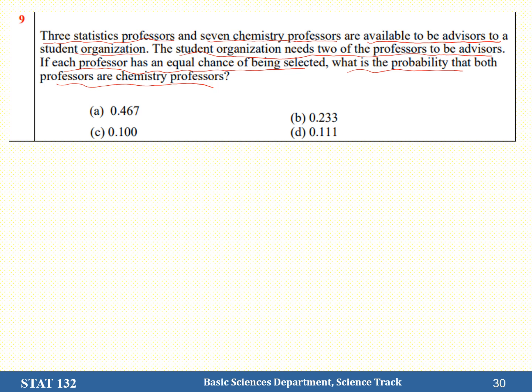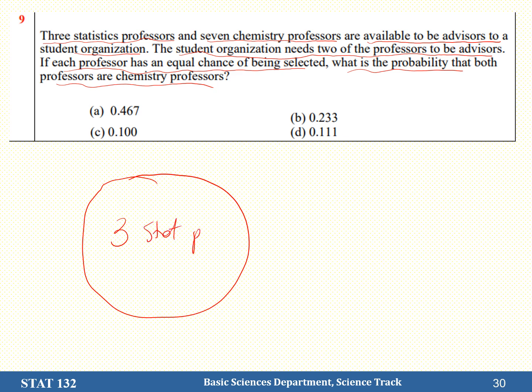So if you remember the hypergeometric distribution, we have a set of 2 types of items. So here we can think 3 statistics professors, and there are 7 chemistry professors, and they're available, and we will choose 2 of them.